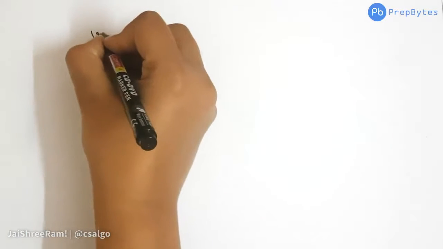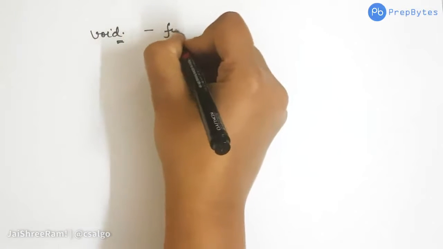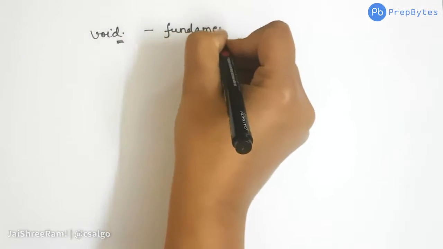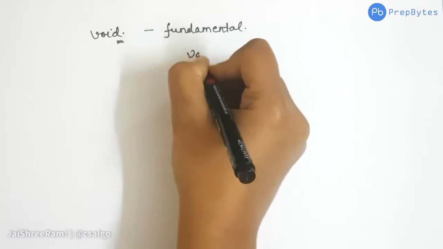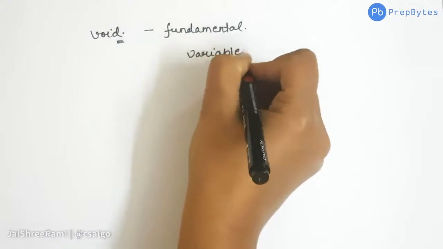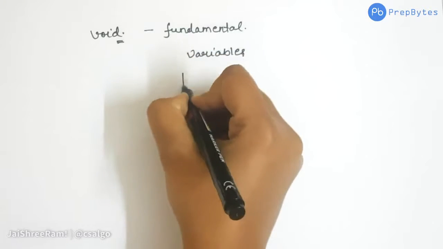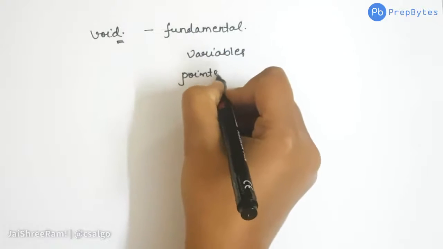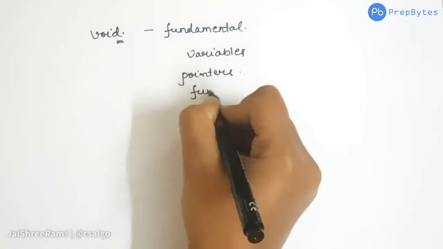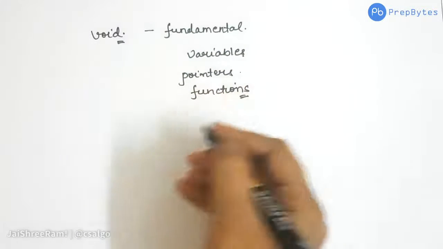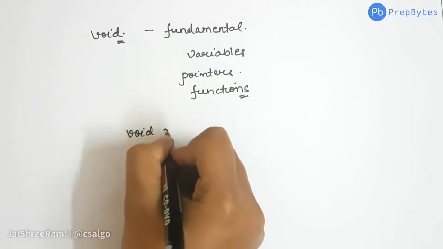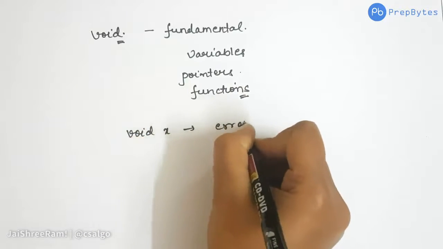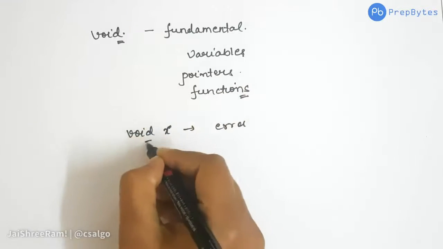Now, there is one data type which we did not talk about, which is called the void data type. So void is again a fundamental data type, but we don't use void with variables. We use void with either pointers or functions. So if I write something like void x, this will give me an error because there cannot be a variable with data type void.